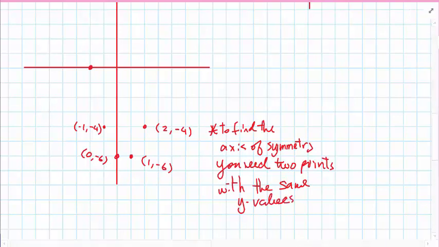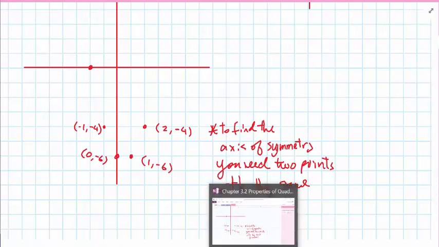Okay? Does that make sense to everyone? Why you have to have the same y value? Because they have to be on the same level, right? And then in the middle of it is going to be your axis of symmetry.